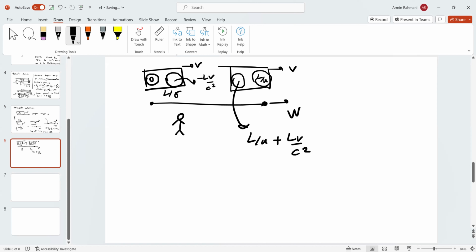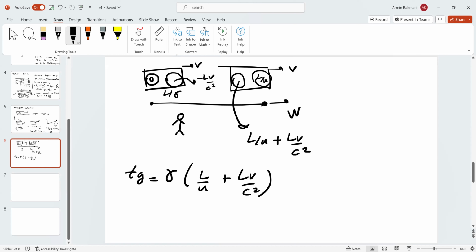Okay. So now, what can we say about the time that has passed on the ground? Again, we know we have time dilation, right? So the moving clock is ticking more slowly, so more time has passed on the ground. So TG is going to be gamma times all of that. Okay, so we found two expressions for this TG, the time between these two events, the object leaving the rear wall and hitting the front wall.